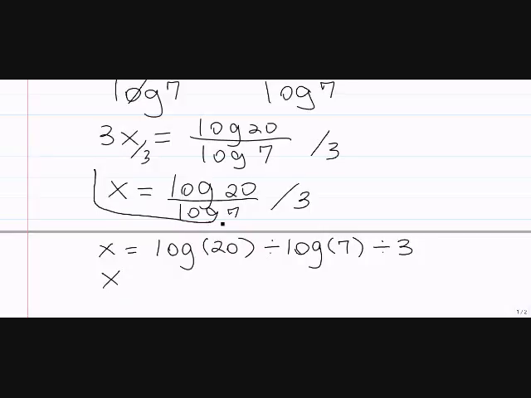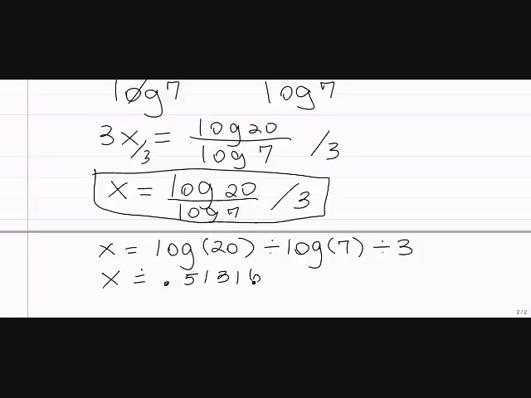So this answer is exact, but now we'll get an approximate answer in our calculator. My calculator says, and hopefully yours does too, 0.51316.